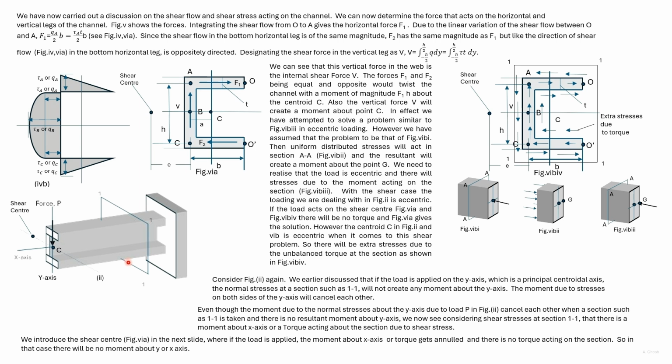Similarly here, we'll get the stress at the section 1,1 by using the shear formula and adding the stress due to the torque acting on the section. The stresses in section 1,1 are shown in this figure. These are the stresses due to shear. There are extra stresses due to torque acting on the section.